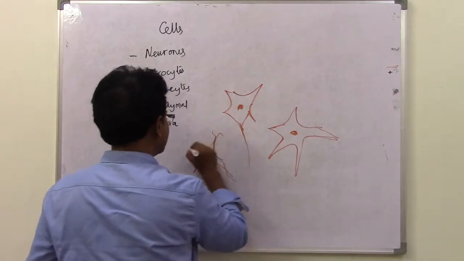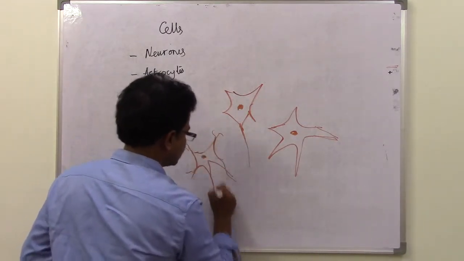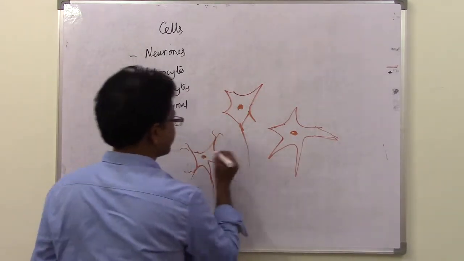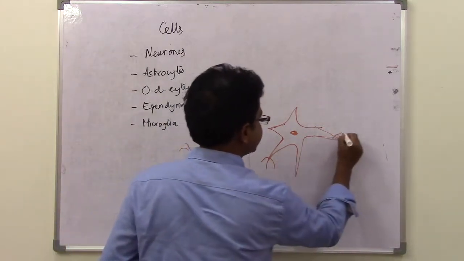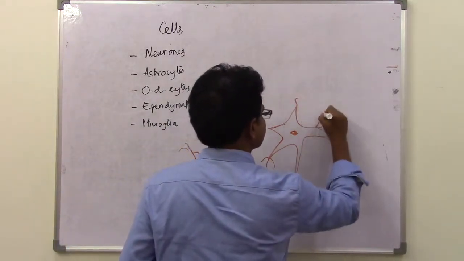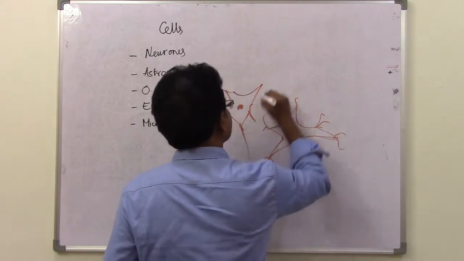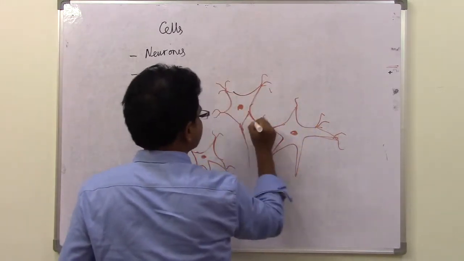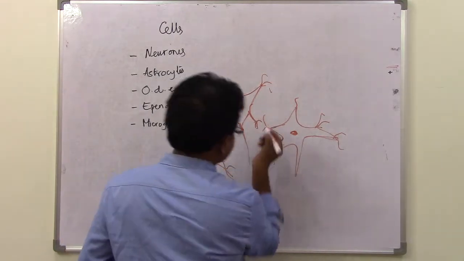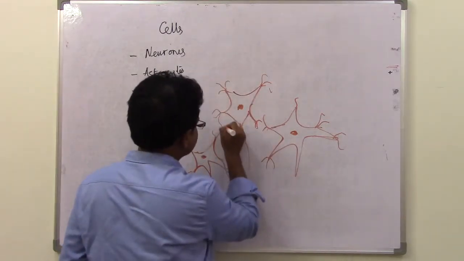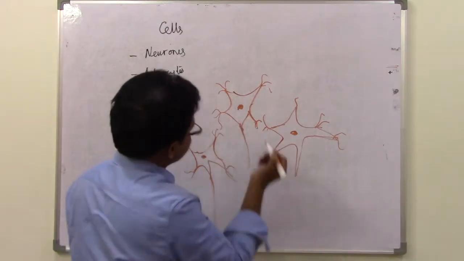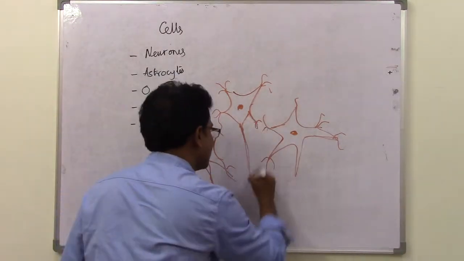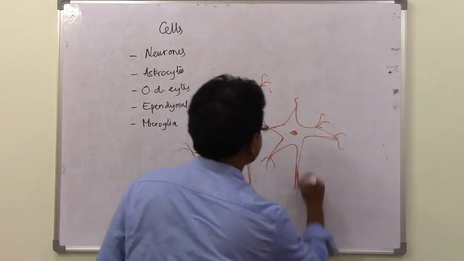This is all neuronal tissue. These are dendrites. One important thing we need to understand is that they never directly communicate. These ends never meet. There is always a gap, and that gap is called the synapse.